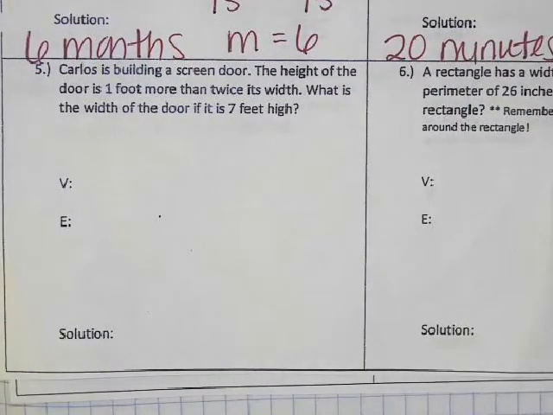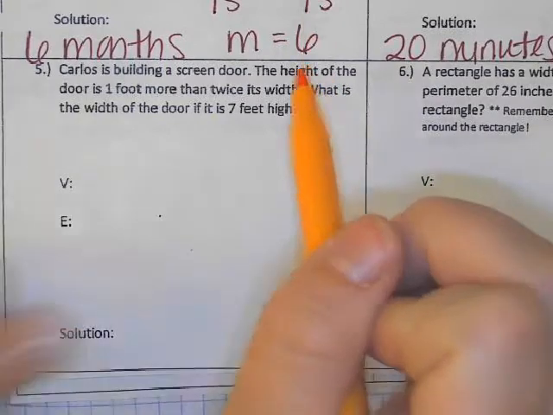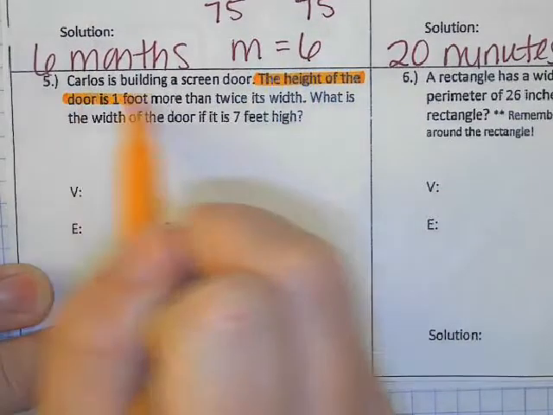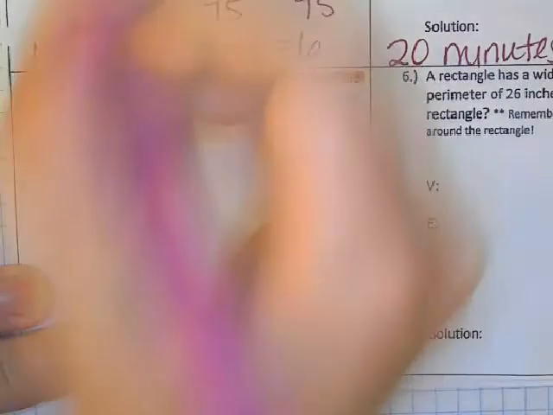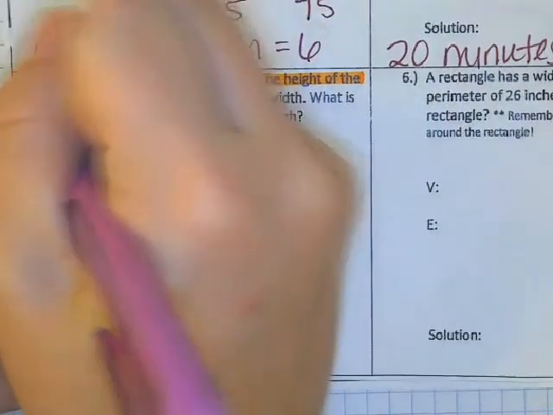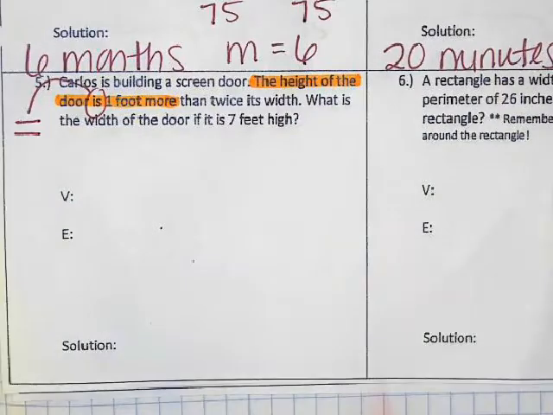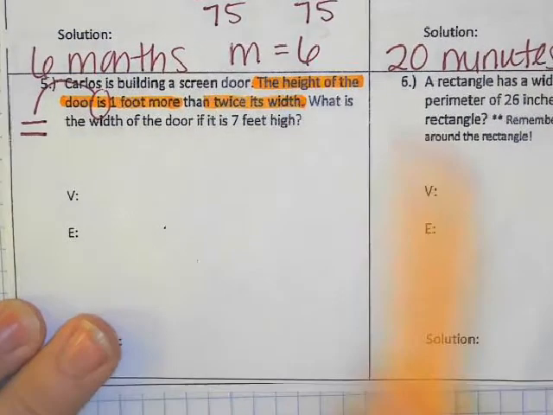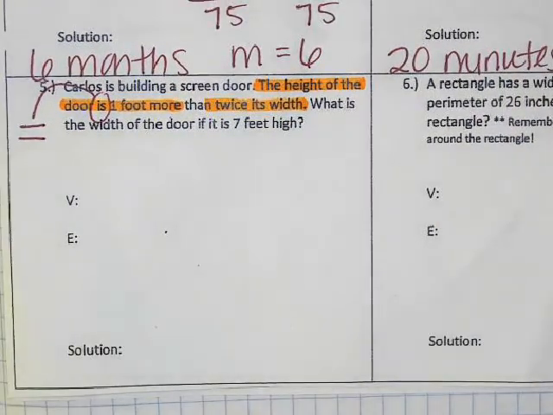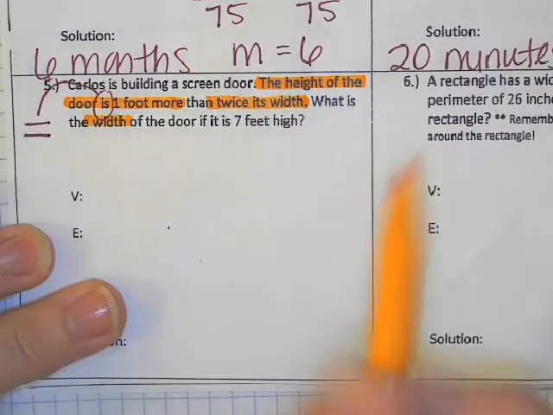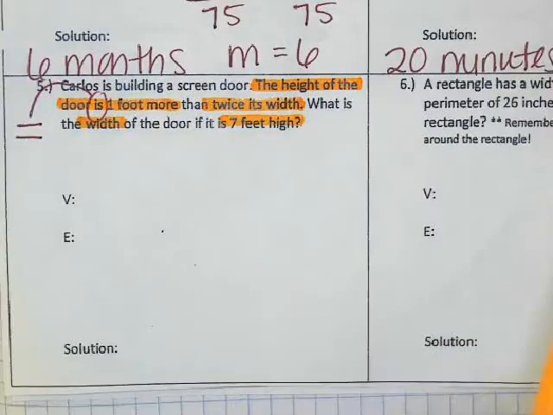Looking at this question, the height of the door is 1 foot more. Is actually is going to be used to mean equal. Then twice the width. Remember, twice means that I say times 2. I'm trying to figure out what is the width of the door if it's 7 feet high.